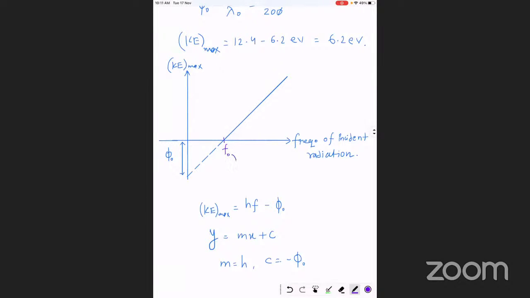Right. So do you remember name of this frequency, bacho? Cutoff frequency, because after this frequency only electron will get ejected, and the slope is h. Slope is h. Sorry, Planck's constant. Understood? Everyone understood this graph?